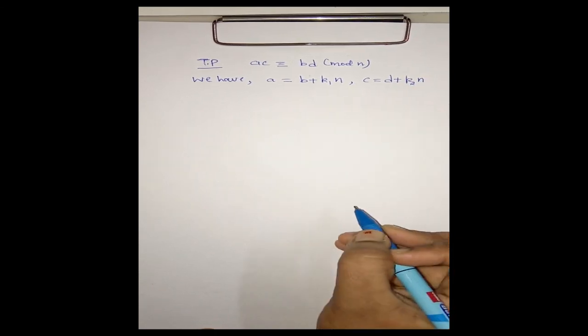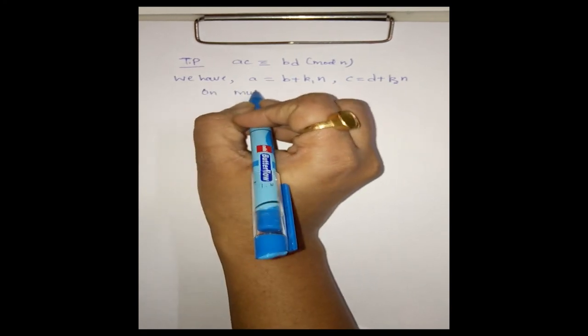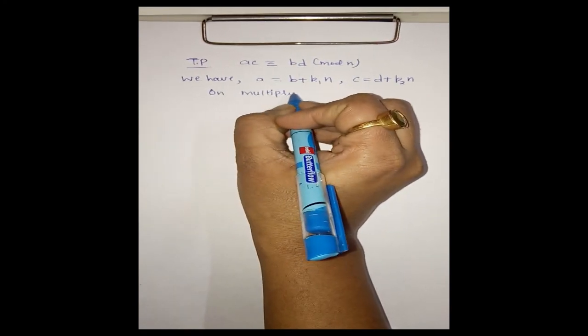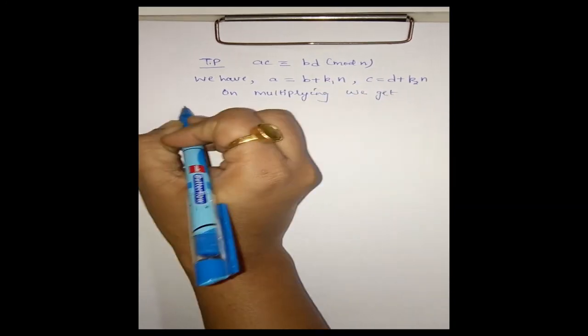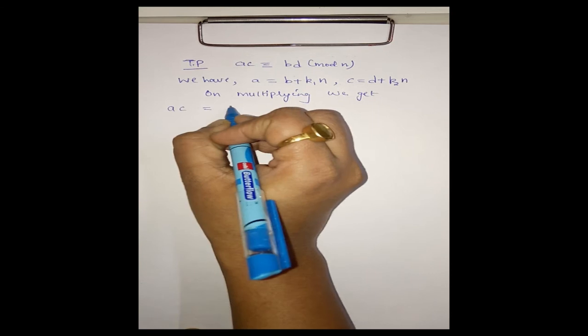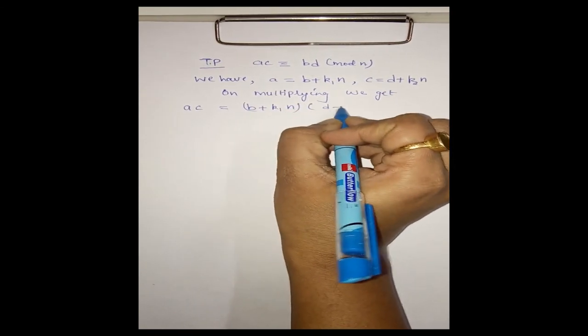Okay. We have these two. Now multiply these two equations. On multiplying these two equations we get ac is equal to b plus k1 n into d plus k2 n.